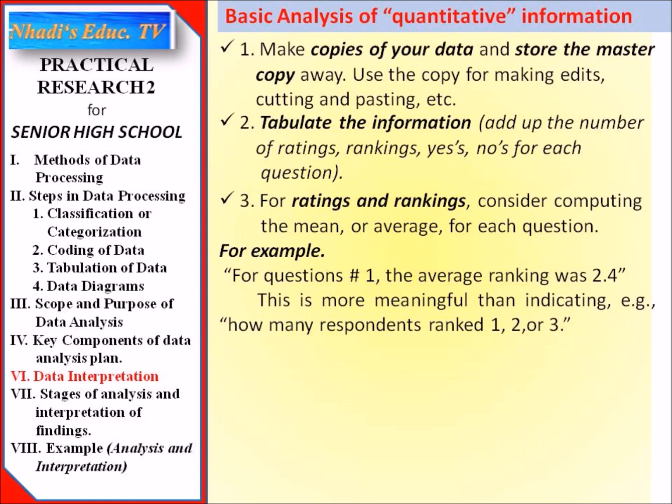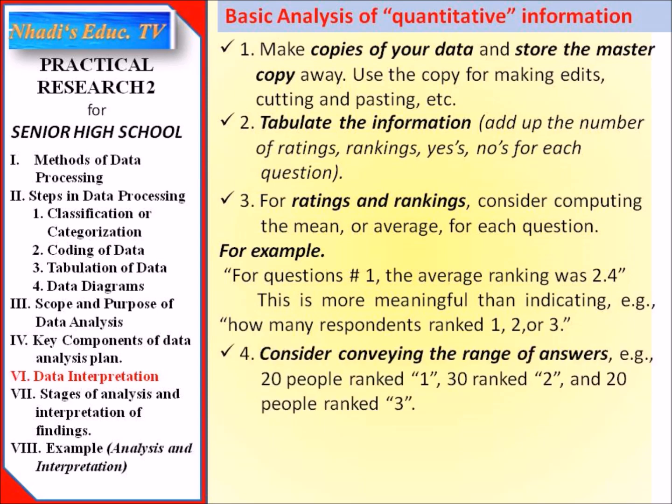This is more meaningful than indicating how many respondents rank 1, rank 2, or rank 3. Number 4, consider conveying the range of answers. Example, 20 people rank 1, 30 rank 2, and 20 people rank 3.